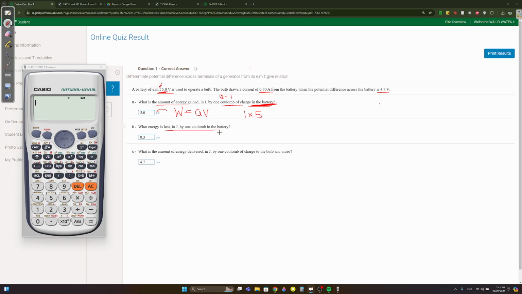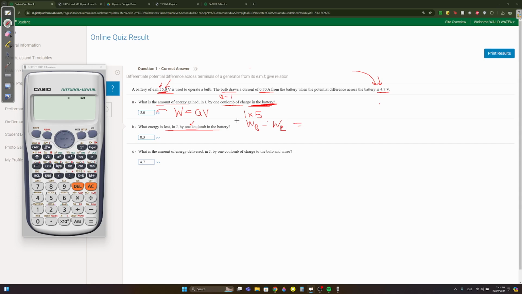What's the energy lost by 1 coulomb in the battery? How much did we lose? We started at 5 volts. We ended at 4.7 volts. Hella, you can just do 5 minus 4.7 because it's 1 coulomb. But I'm gonna do it for you: it's the energy inside the battery. I'll use W instead of E so I don't confuse you. It's equal to the work in the battery minus the work that you actually ended up with, in the bulb, let's just say lamp.